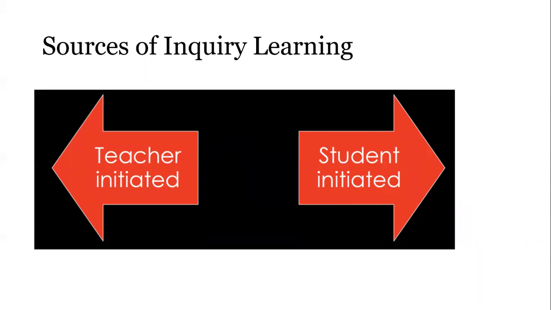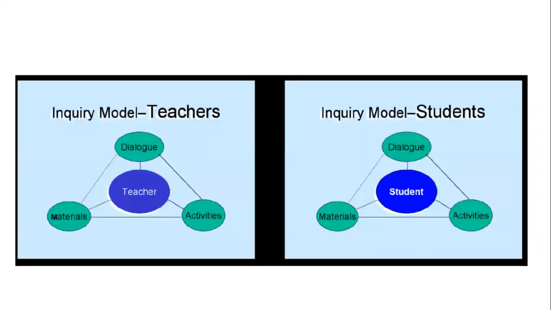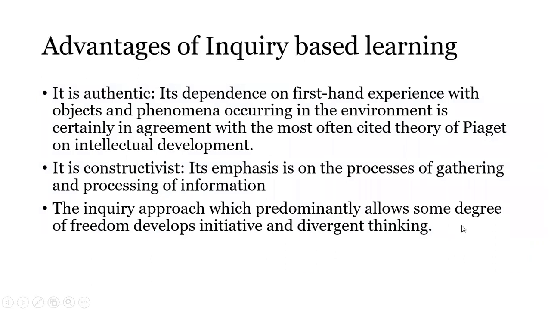As we've seen, the source of inquiry can be the teacher or it can be the student. It can go either way, depending on what it is that you want to be discovered.